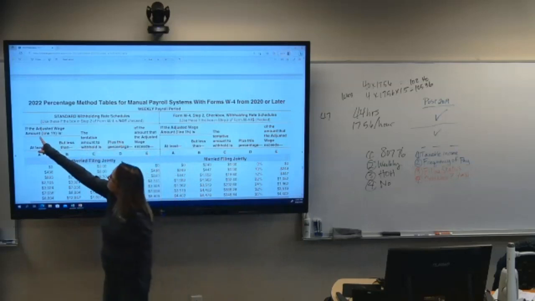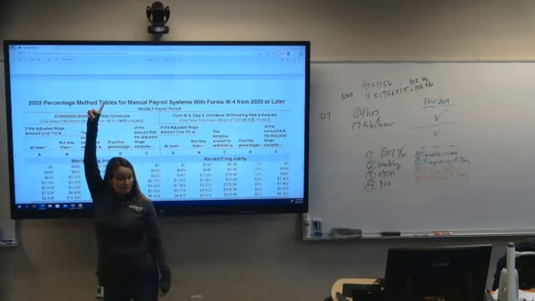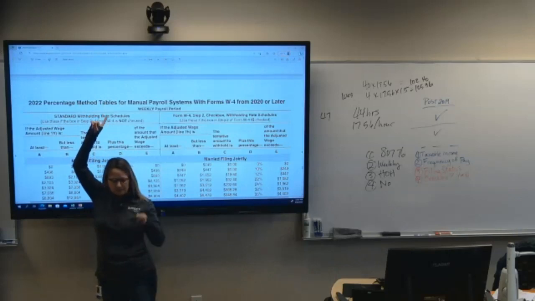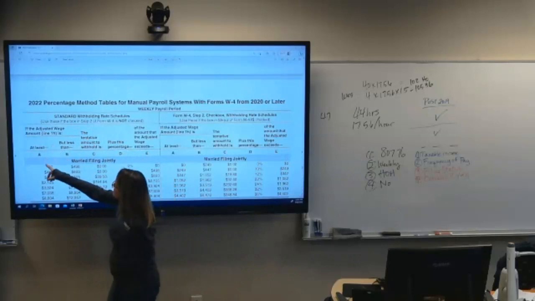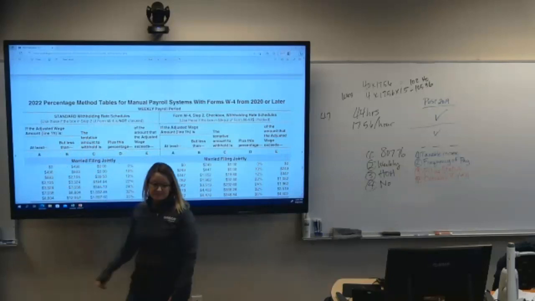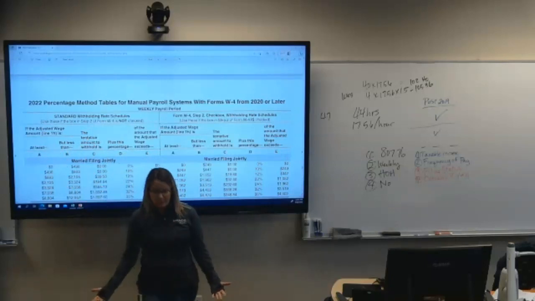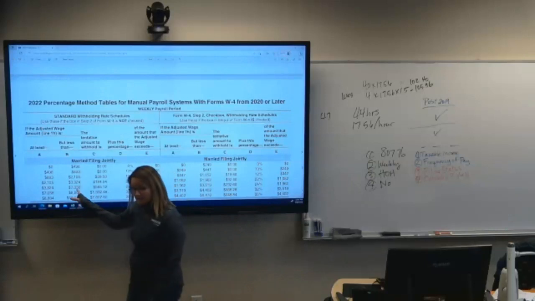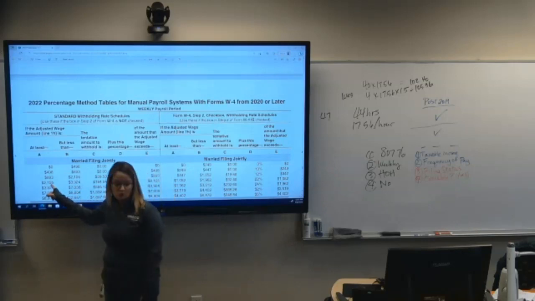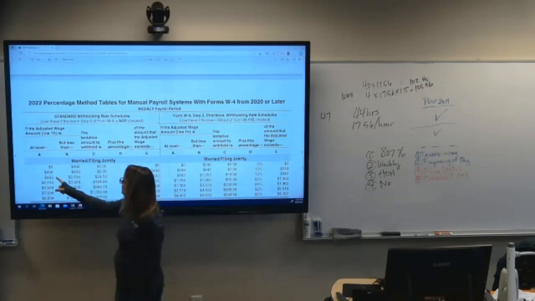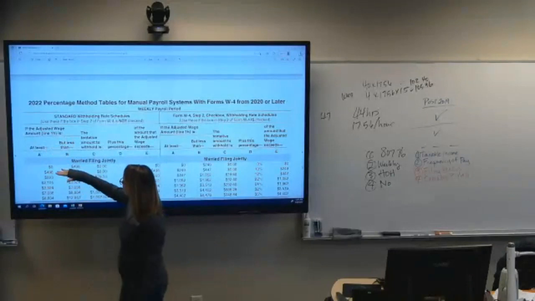So if the adjusted wage amount that you got from that calculation up there, from the worksheet that you put together, is at least but less than, same wording, right? If it's exactly on this line, we're going to go to the next line. So if it ends up being $893, we're going to go to this second column. Okay, so we've got the right row here.